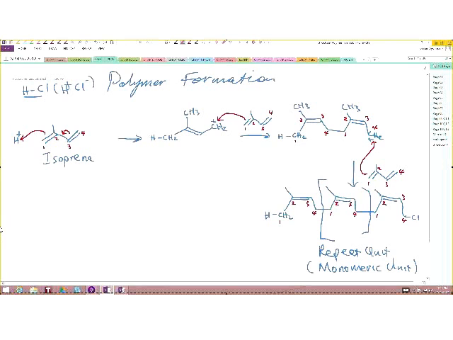In other words, the isoprene is what we call a monomer.